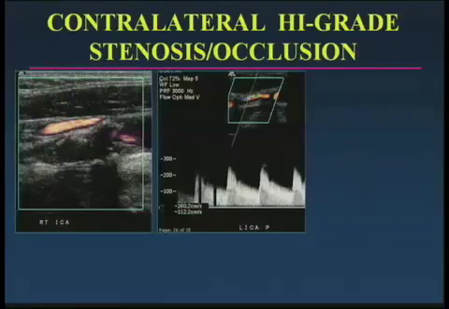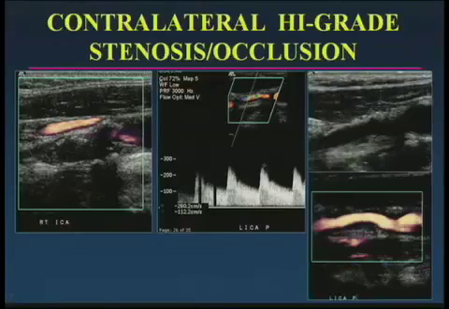And here's an example. So in the right internal carotid artery, you can see it's occluded. The flow stops right at the bulb. You have a peak systolic velocity of 260 centimeters per second in the internal carotid artery. This is clearly above that threshold that the SRU proposed of 230 centimeters per second. But when you look at that ICA carefully on grayscale and color, you can see that although there's a little bit of plaque here, the lumen of that vessel really is only minimally narrowed, certainly less than 50%.